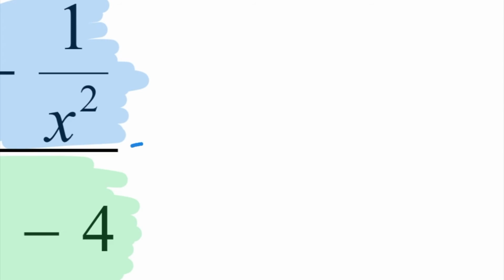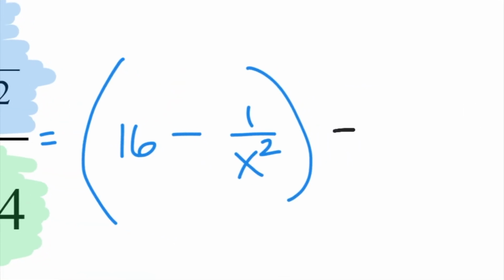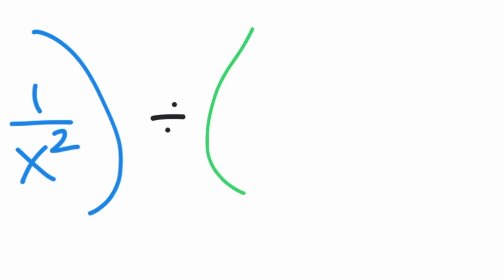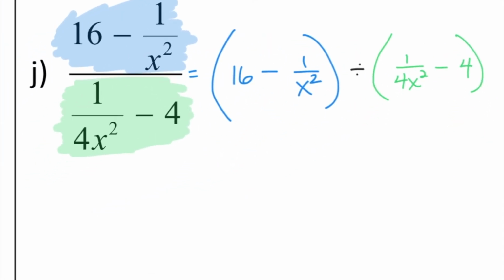So I'm going to use big parentheses, and I'm going to say 16 minus 1 over x squared, and that whole thing divided by, and then the denominator, 1 over 4x squared minus 4.